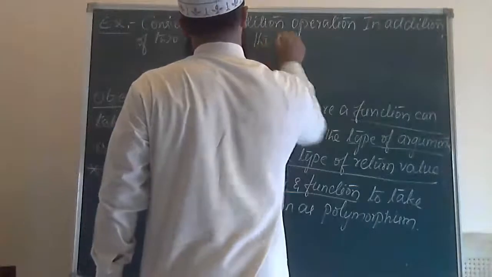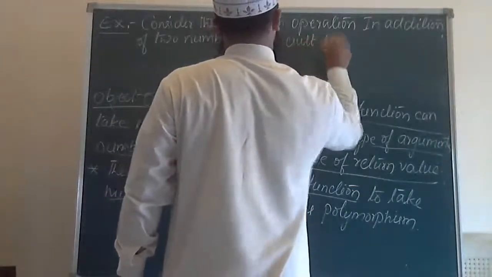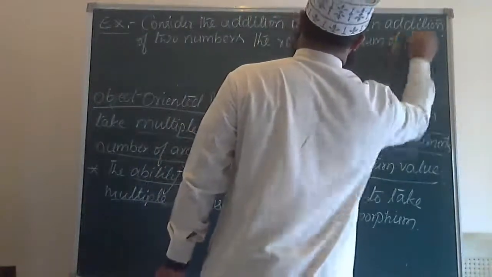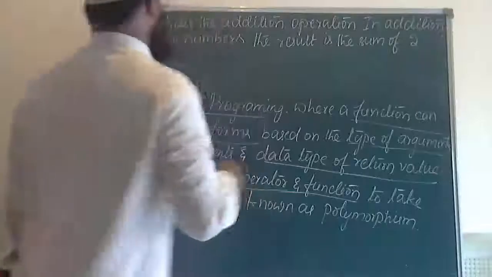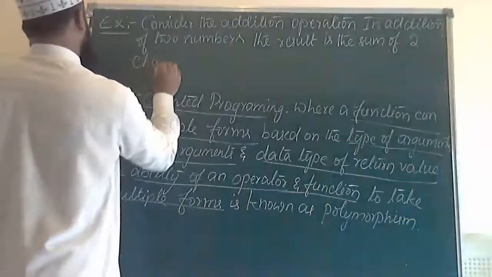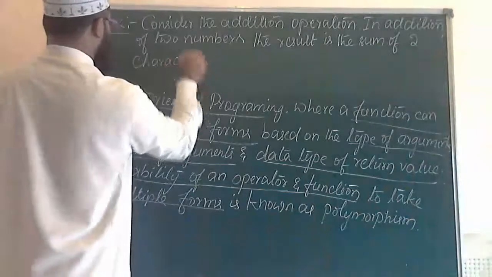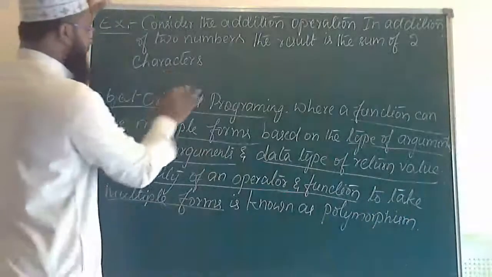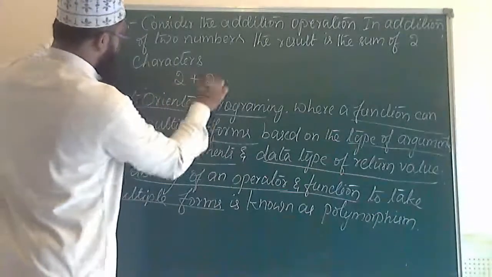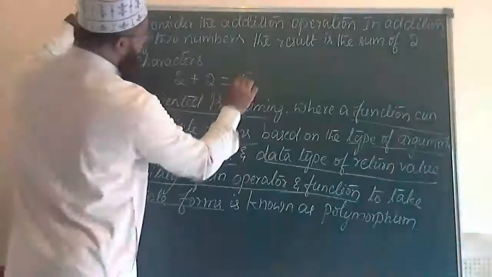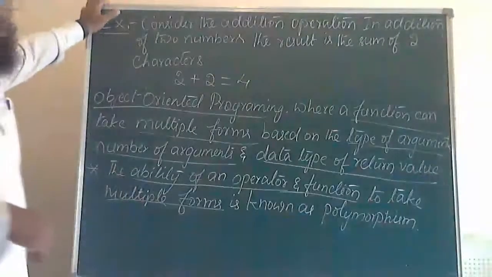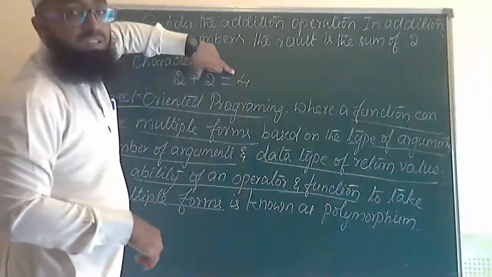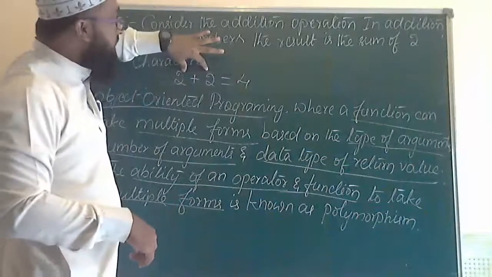The result is the sum of the two numbers. Here, addition of two numbers, 2 plus 2, if we add, it will become 4. This is actually called polymorphism, taking multiple forms to form a single function. That is called polymorphism.